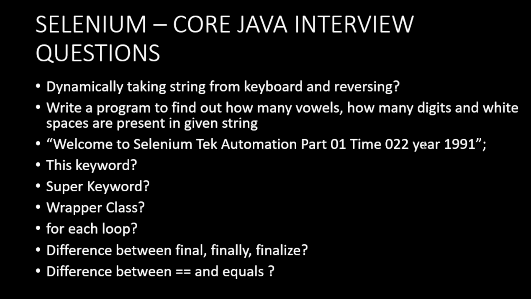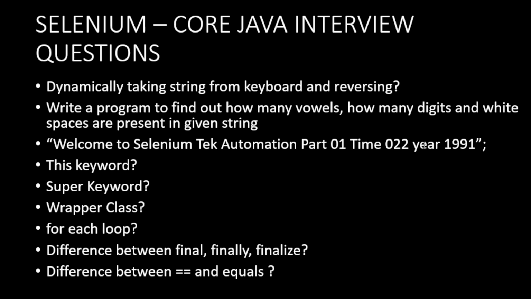We can convert these primitive data types into objects, and that concept is called a wrapper class. Wrapper classes are used to convert any data type into an object.